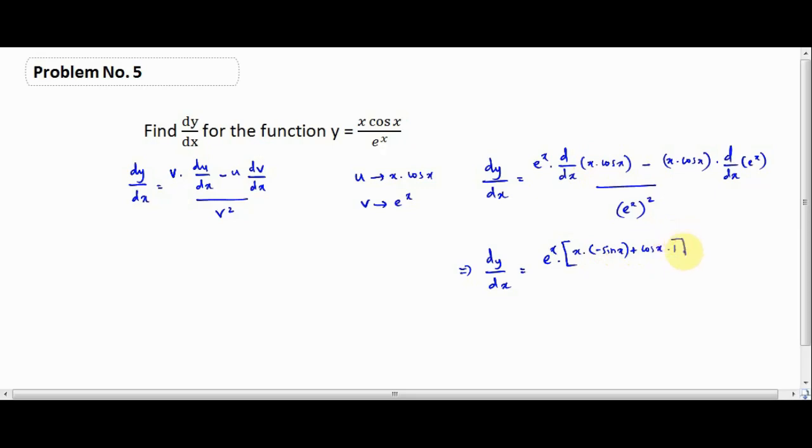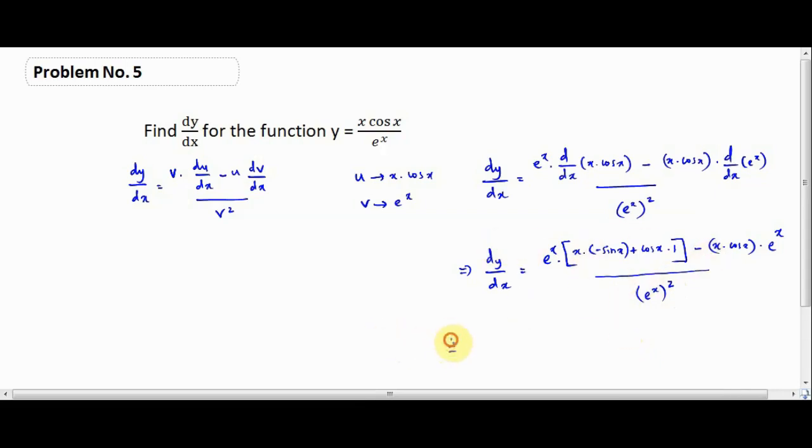Okay, so we get the first term as e raised to x into x into minus sin x plus cos x, minus x into cos x into d by dx of e raised to x, so that will be e raised to x itself. So we get x into cos x into e raised to x, whole divided by (e raised to x) whole raised to 2. Okay, now let's simplify this.